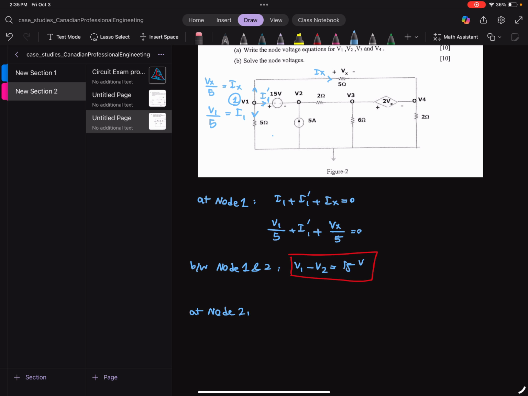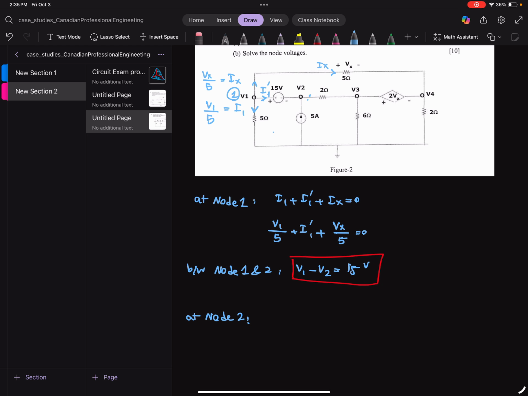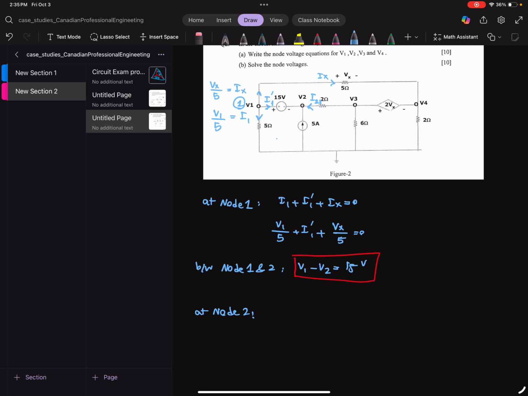We have a 5 amp current coming in. Again, all the currents coming in should sum to 0, or all the currents going out must be 0. I'm going to call this I23, and I'll say I1 prime plus 5 amps plus I23. I'm adding all of these as plus because all of them have the same direction toward the node.